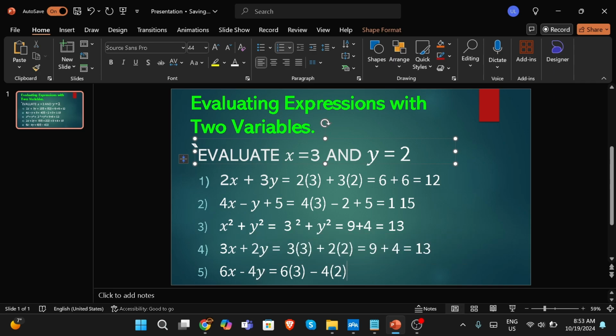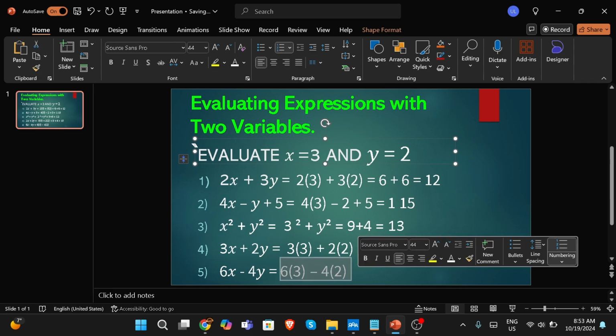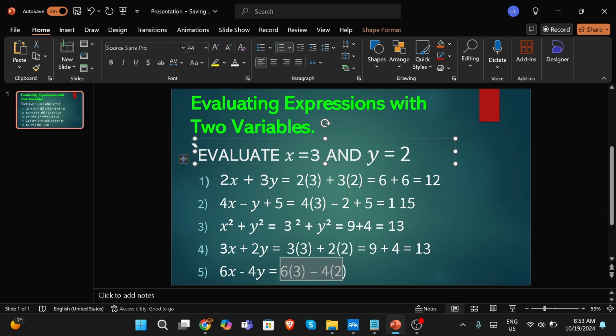Now let's multiply these together and then subtract them. So 6 times 3 is 18. Now we're going to do 18 minus 4 times 2, which is 8. So 18 minus 8 is 10.